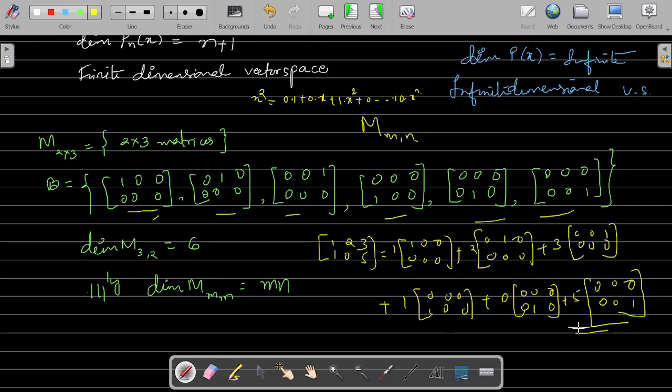So this is how we can write the given matrix as a linear combination of all these elements. Hence, this becomes a basis of the given vector space of 2 by 3 matrices.